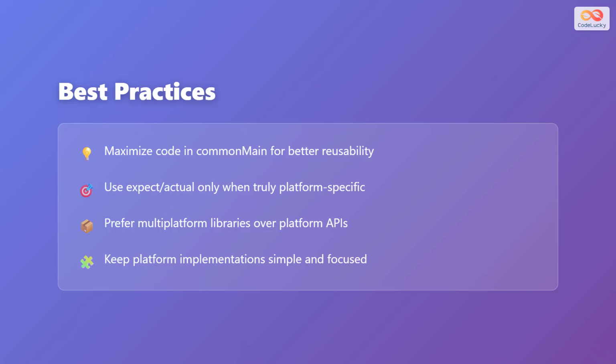Third, prefer multiplatform libraries over platform APIs whenever possible. Libraries like Ktor for networking and SQLDelight for databases work across all platforms and eliminate the need for expect/actual declarations. Finally, keep your platform implementations simple and focused. They should be thin wrappers around platform APIs, with most of your logic residing in common code.